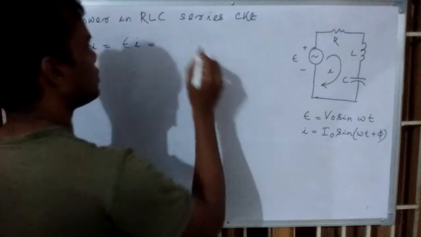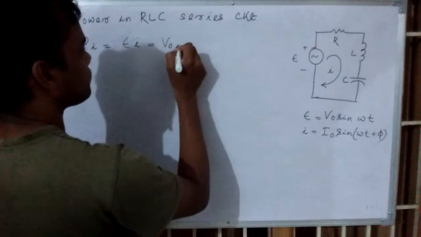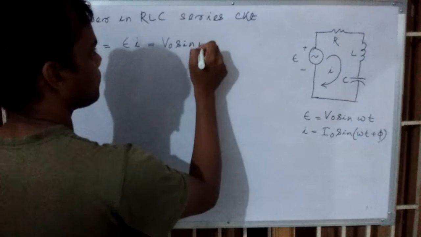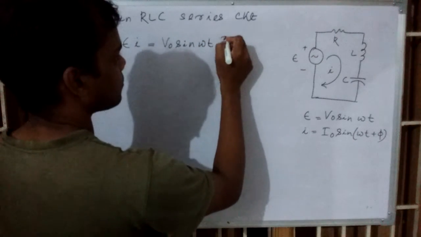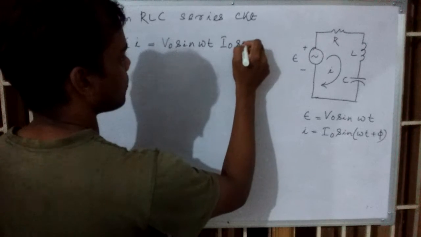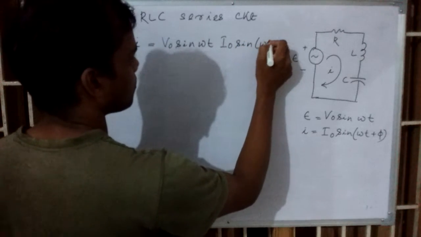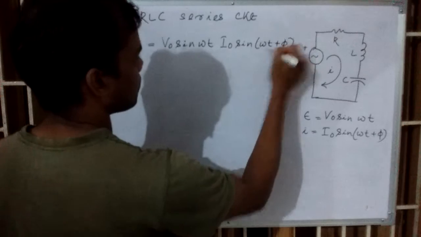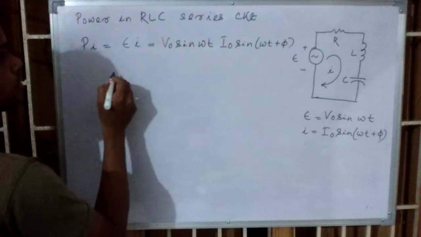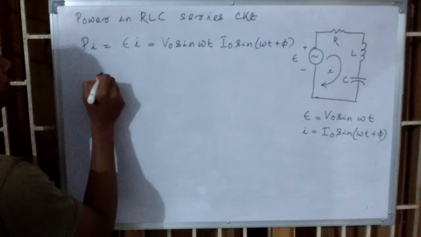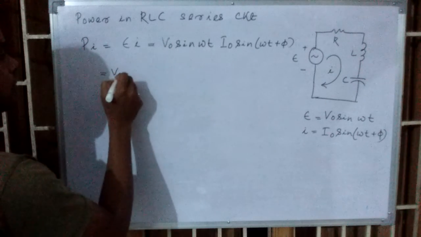This is equal to, in place of epsilon and I, this much, then I can write it as V naught I naught.